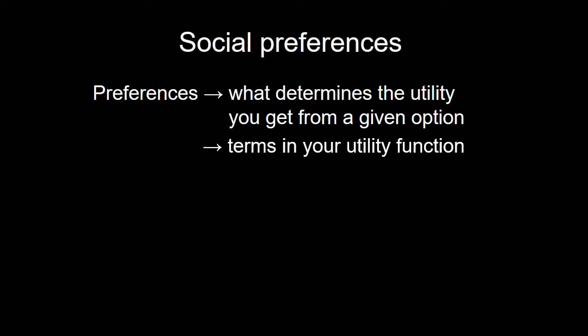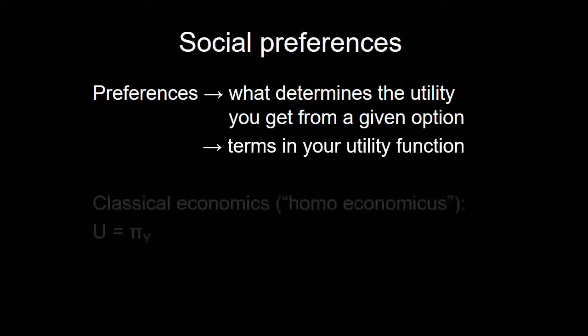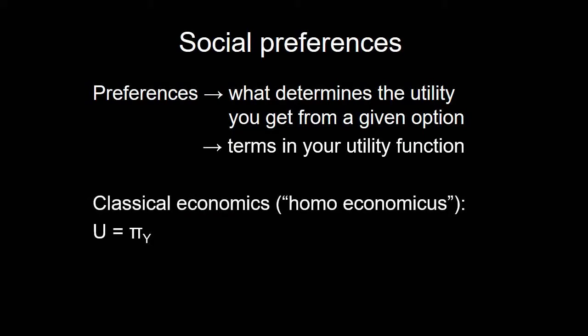What that means is it's the terms in your utility function. And so the classic economic rational self-interest model, homo economicus, as they say, has a very simple utility function, which is just your payoff. That's the simplest possible version of utility theory. You just care about your monetary payoff, and you choose the option that maximizes it.